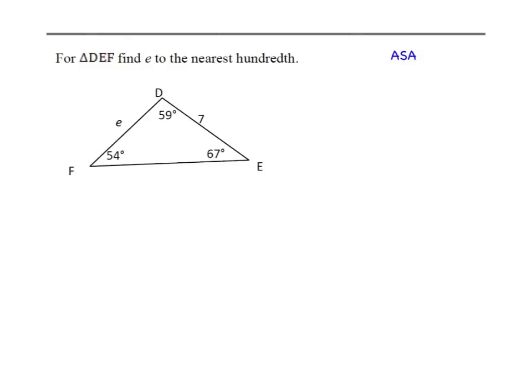That's kind of handy. All right, so I'm going to go ahead and set up the sine of 54 degrees over 7 because they're across from each other. And then I want to solve for E, so I need the sine of angle E, which is 67 degrees, over side E.